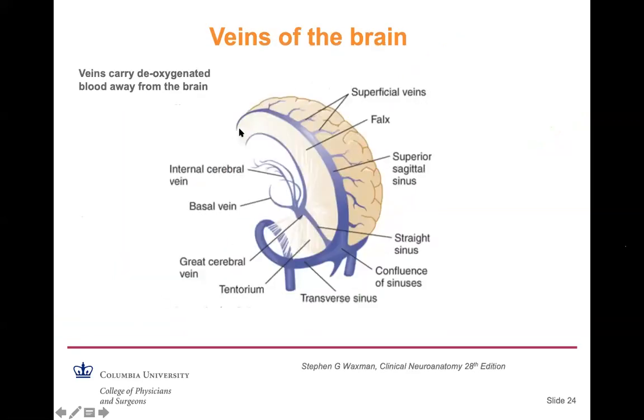Once the oxygen is removed from the arteries, that deoxygenated blood is cycled back to the lungs via a network of veins in the brain that drain the deoxygenated blood and carry it all the way back for reoxygenation.